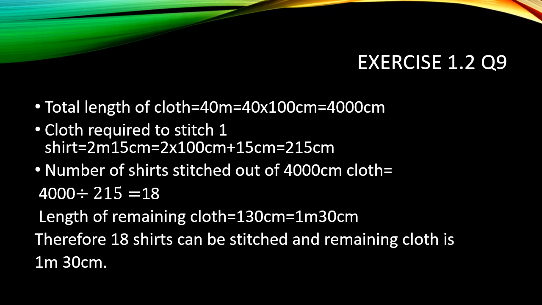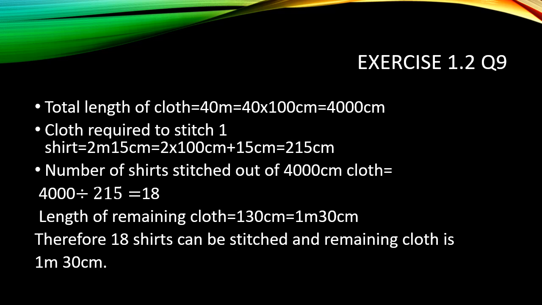Question number 9. To stitch a shirt, 2 meter 15 centimeter cloth is needed. Out of 40 meter cloth, how many shirts can be stitched and how much cloth will remain? Total length of cloth is equal to 40 meter, that is 4000 centimeter. Cloth required to stitch one shirt 2 meter 15 centimeter, that is equal to 215 centimeter. Number of shirts stitched out of 4000 centimeter cloth is equal to 4000 divided by 215.